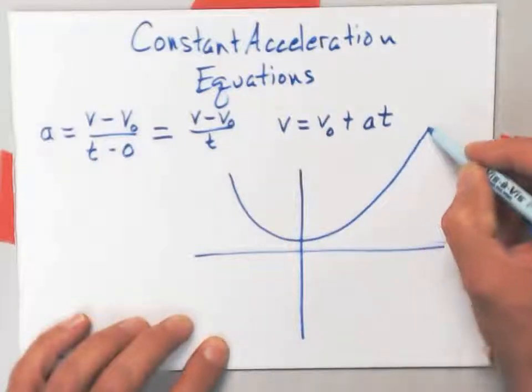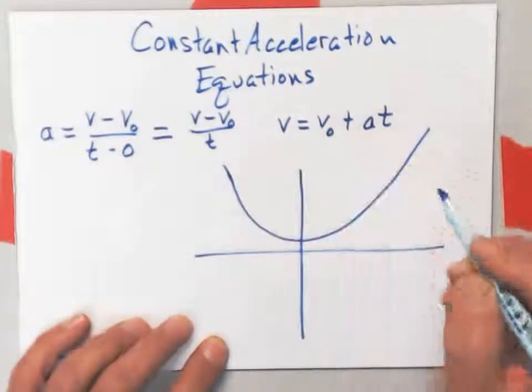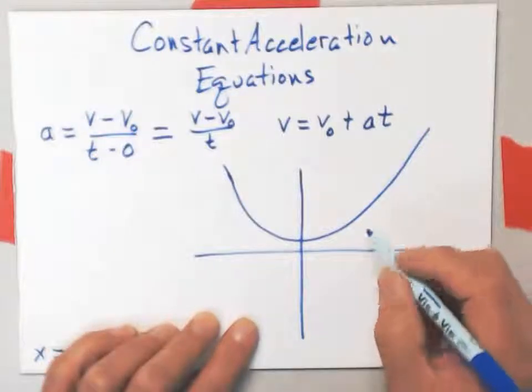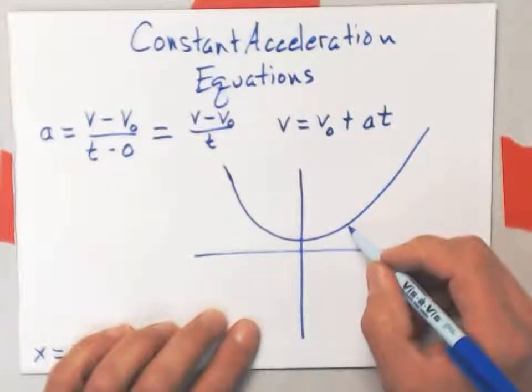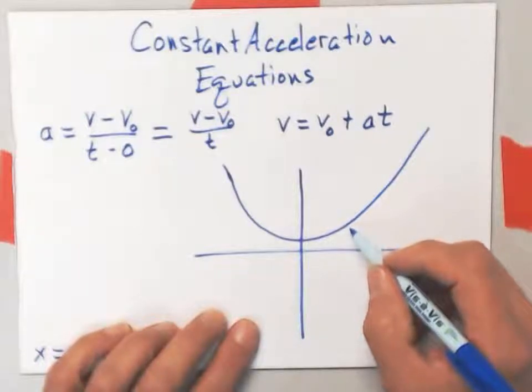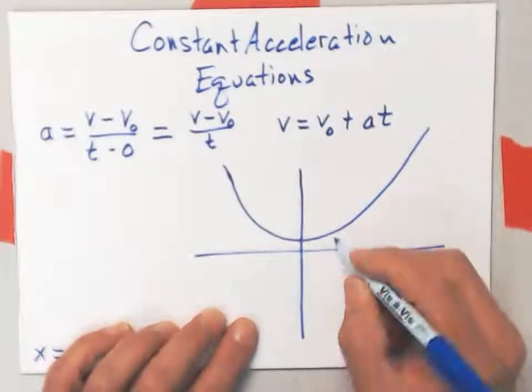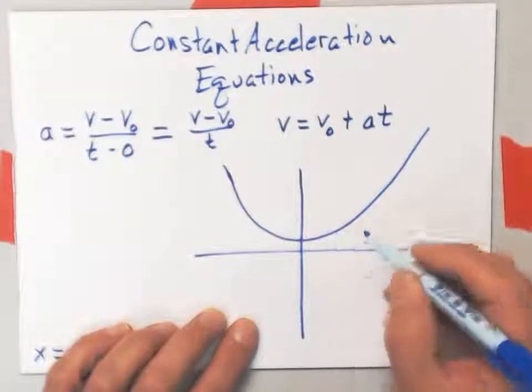In this case, it isn't the slope of the curve that will tell us the acceleration, it's the curvature of the curve, which is kind of a complicated looking thing.